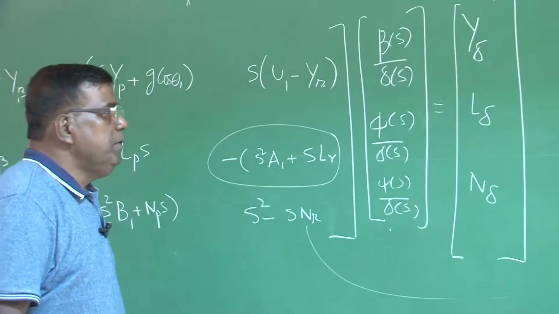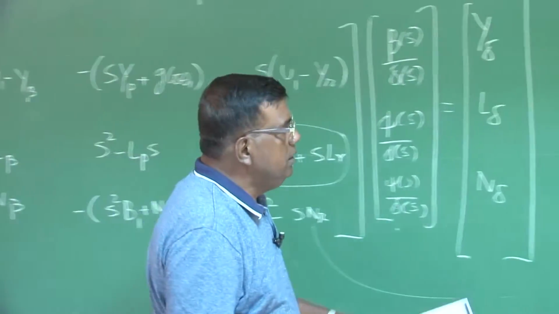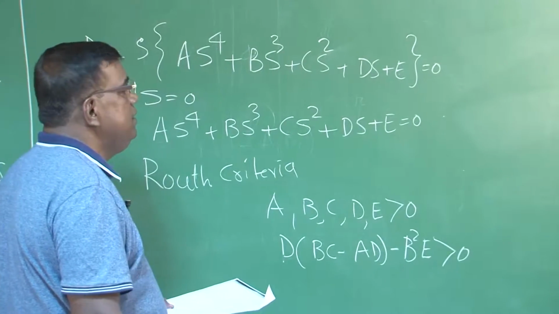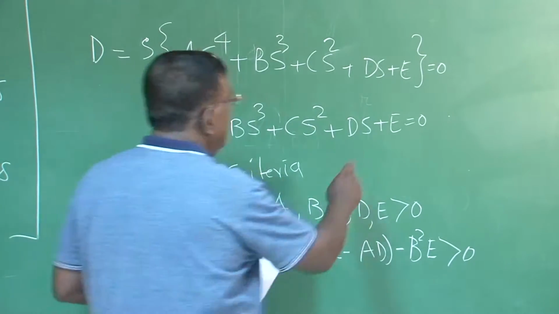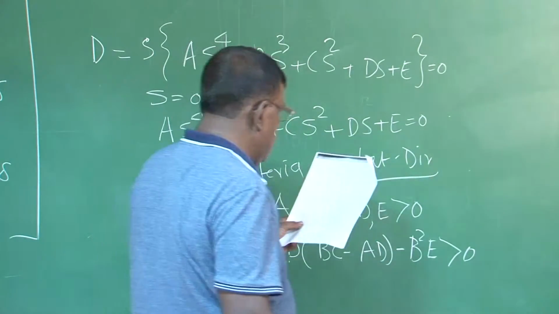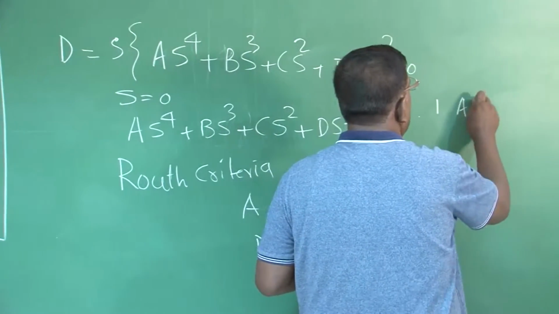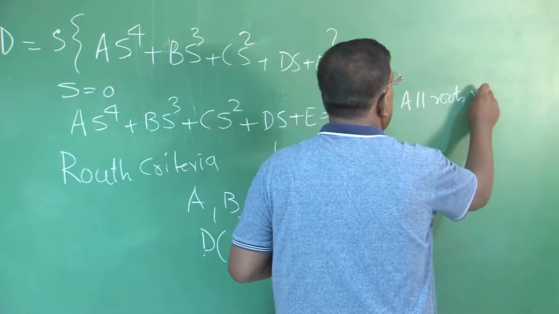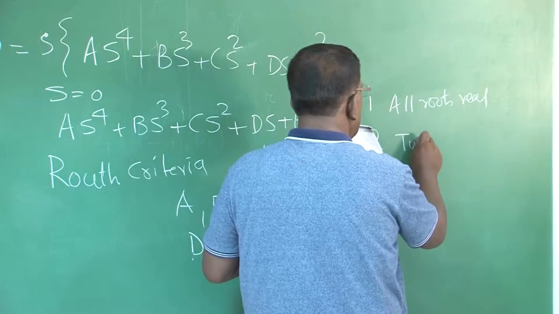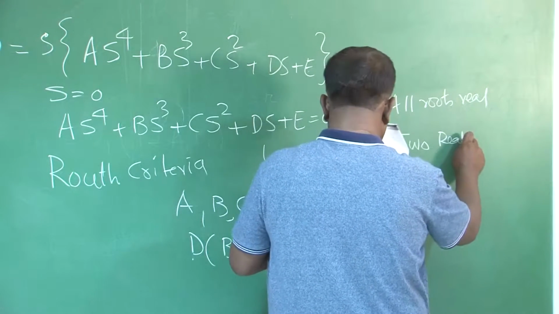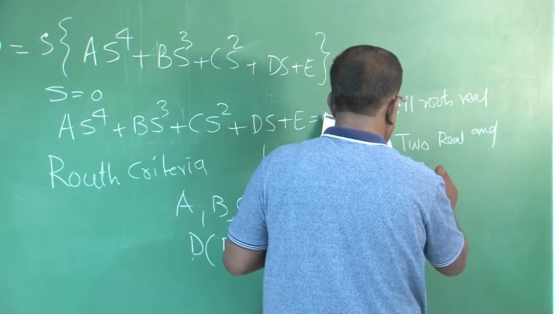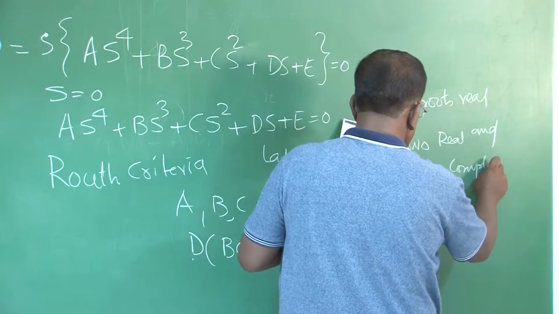Before we come to that, we know this solution for this equation, AS4 plus BS cube plus CS square plus DS plus E, for lateral directional case. This is lateral directional case we are talking about. Generally, we expect all roots real, or it could be 2 real and 2 complex conjugate.